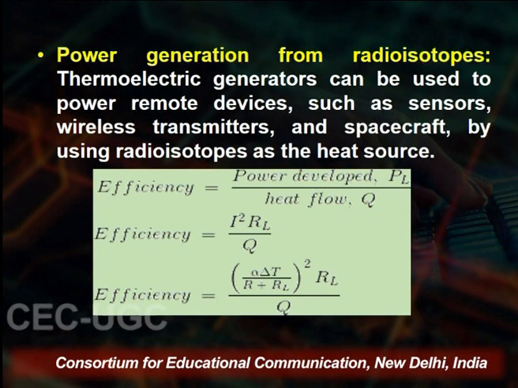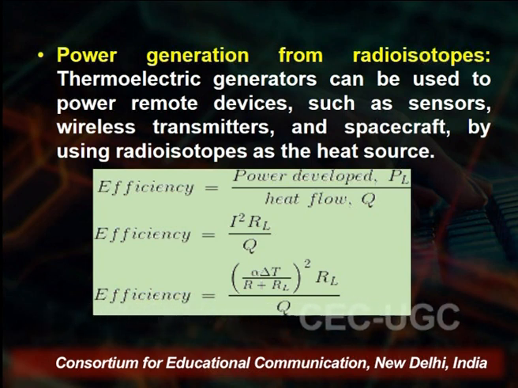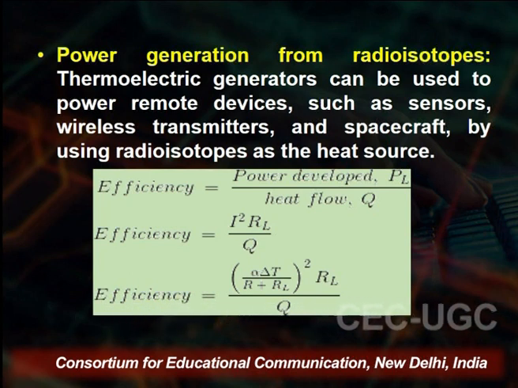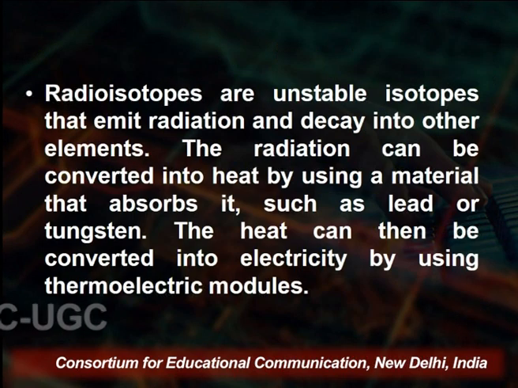Now, you can see the efficiency that we can define by the power developed P_L divided by the heat flow. Next is the I squared R_L, and these are the various efficiencies that we can use for the output.